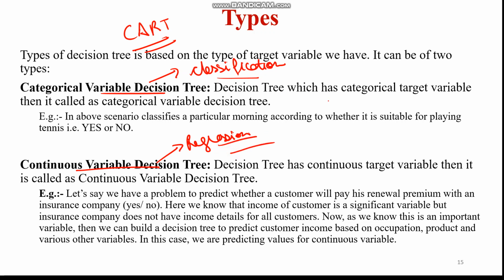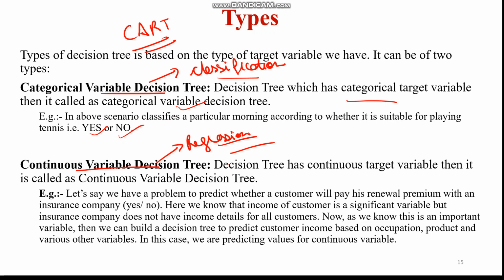When the decision tree has a categorical target variable, it is known as a categorical decision tree, in which the answer is in the form of yes, no, true, false, positive, negative, and more than two categories can also be there. So it is not limited to binary classification, it can have multiple applications.